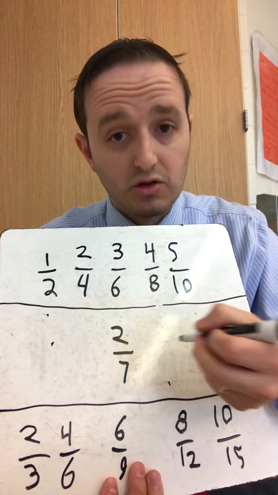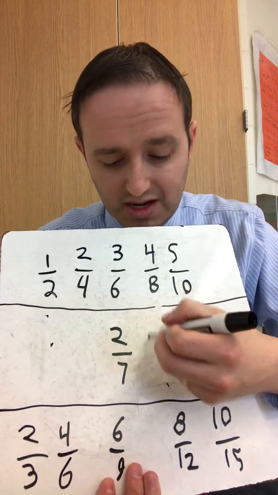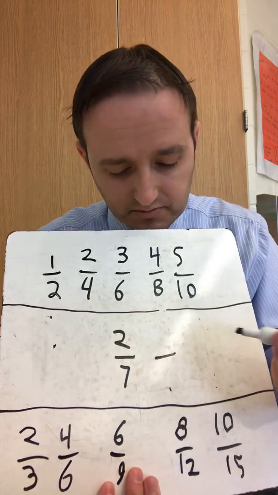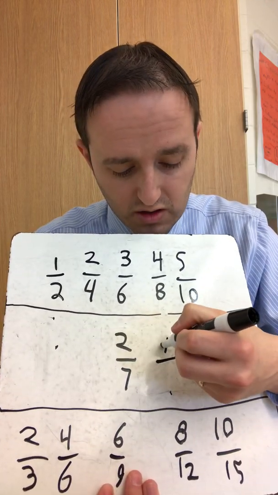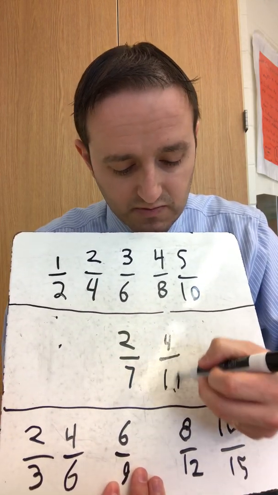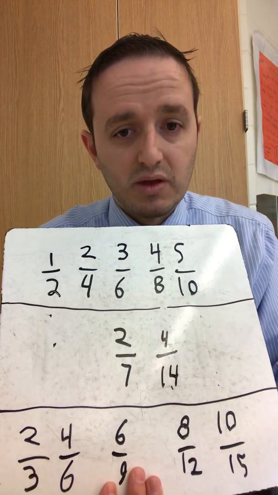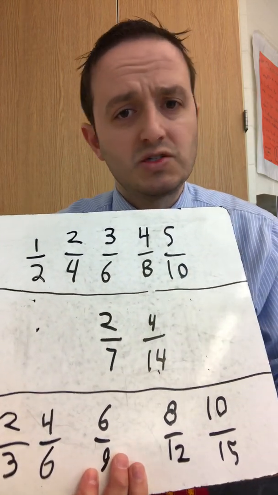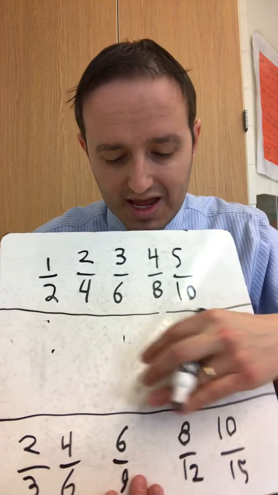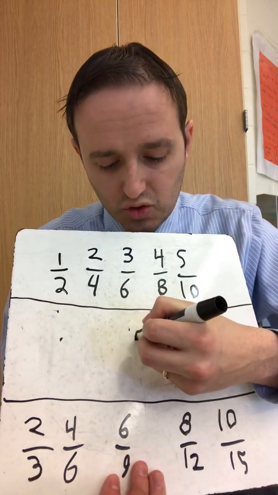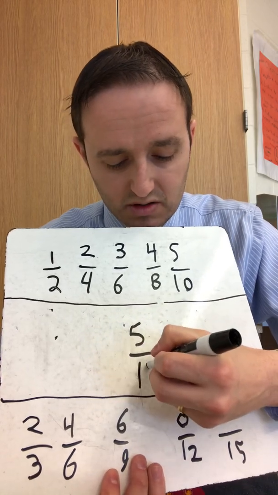But if you want to make a larger equivalent fraction, you do the same thing where you're looking at your numerator and denominator and counting your multiples. So 2 looking up to 2 would be 4. Looking up to 7, the multiple would be 14. But like I said, when you want to go the other way, like making a smaller fraction, you really have to look at your numerator and your denominator and make sure that the same number goes into them.